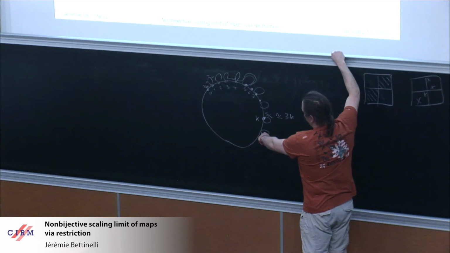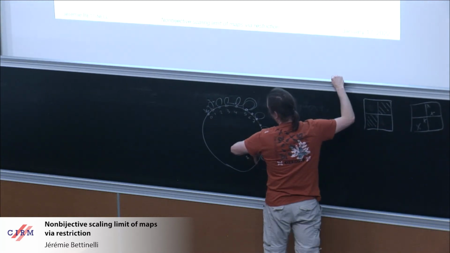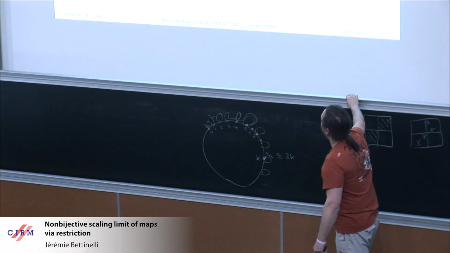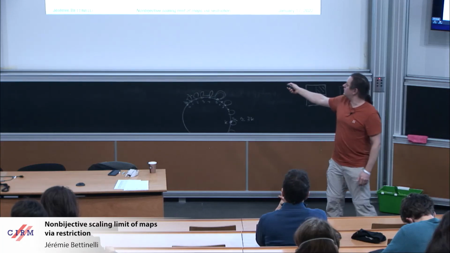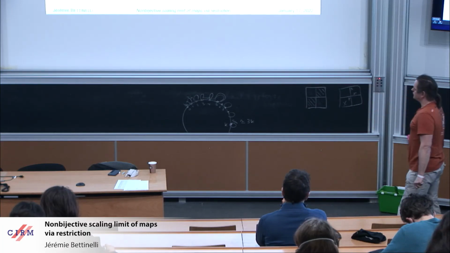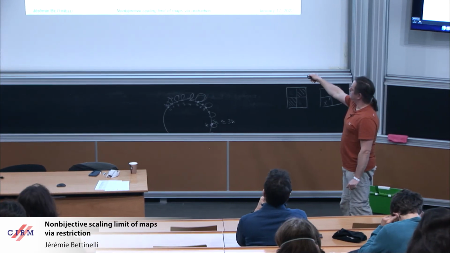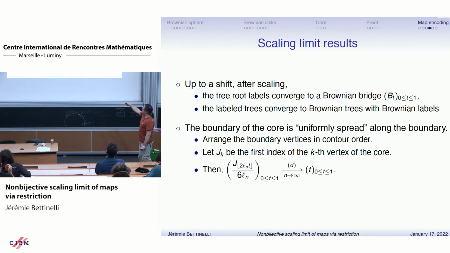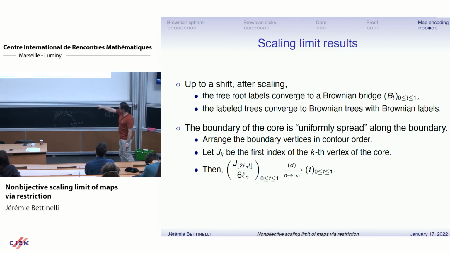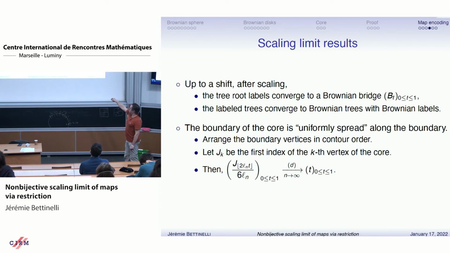So once every 3 vertices, I'm on the boundary of the core. Remember that I will look at a map with a boundary of length 6ln. So there I have 6ln vertices, and the position of the k-th vertex of the core is roughly 3 times more on the boundary of the initial map.